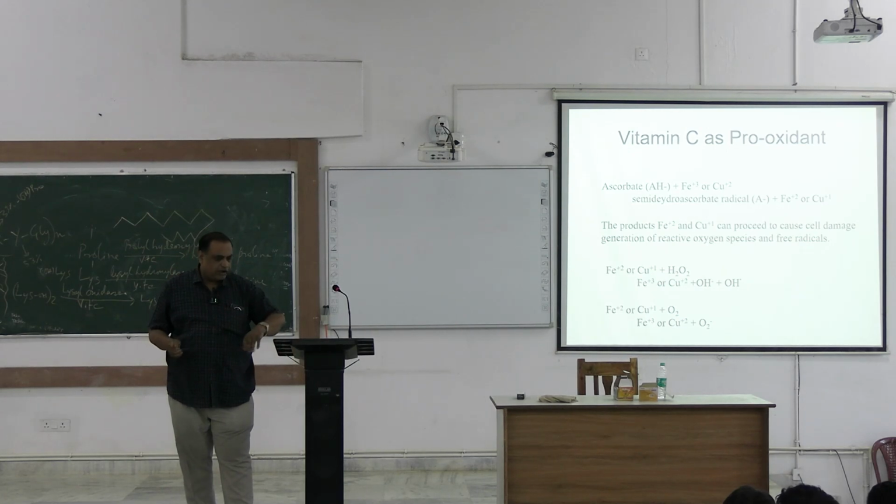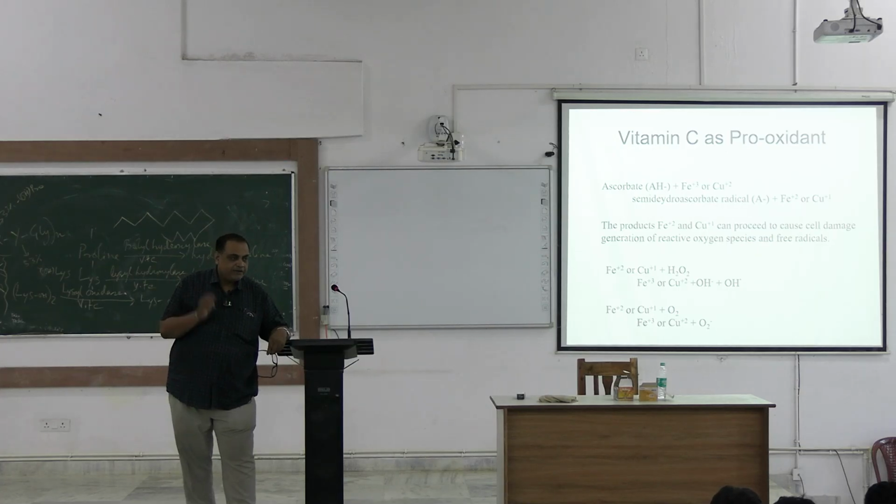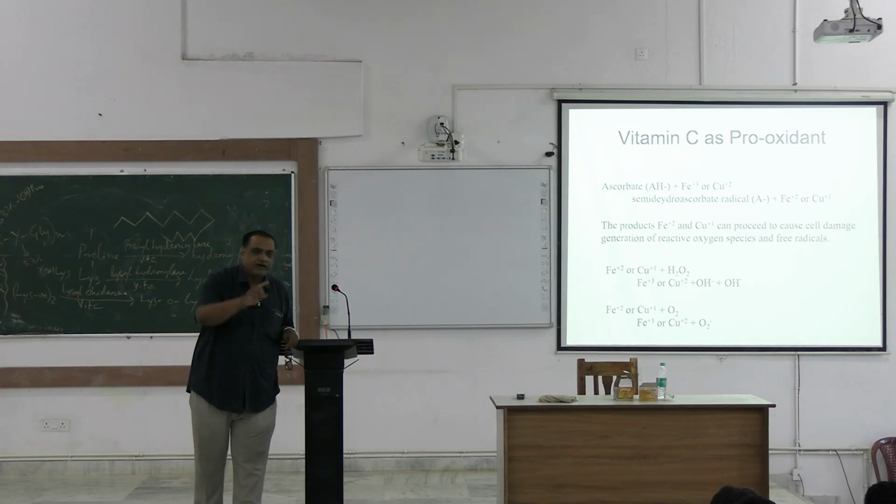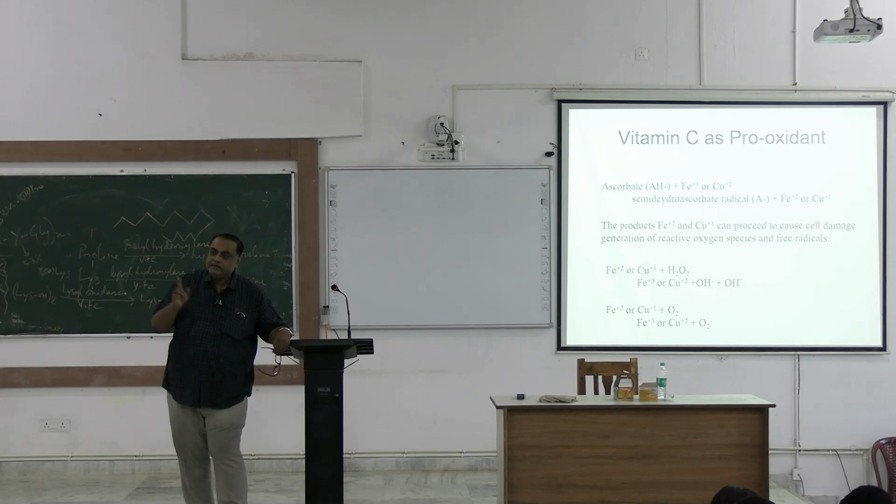Because the availability of free iron does not depend on level of vitamin C in the blood. Availability of free iron depends on other factors. Is a person a smoker? Is a person already exposed to some carcinogenic compound?